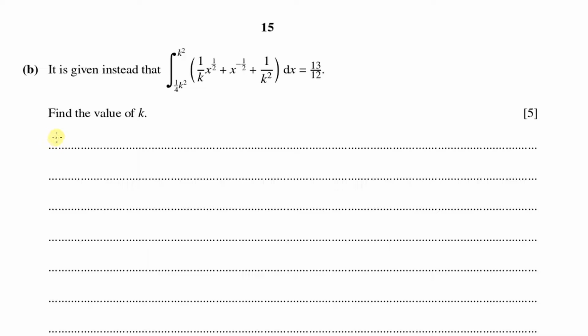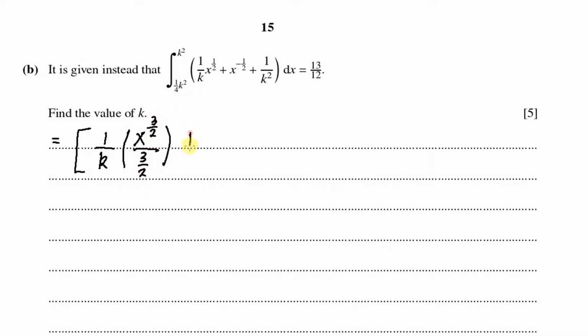So I'll say this is going to be equal to, and integrating 1 over k x to the power of a half, I'll be having 1 over k of x to the power of a half plus 1, which is 3 over 2. And that's over 3 over 2.